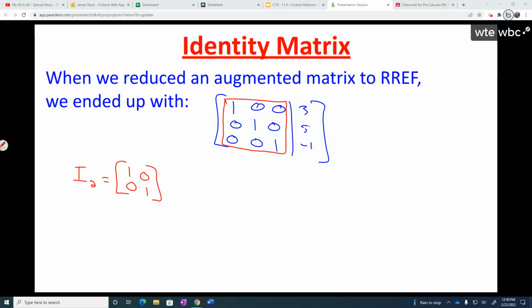And if you were to put a 3 there, obviously it would be a 3 by 3. Identity matrices have to be square matrices, so it'll always be a square matrix. You could obviously have a 4 by 4, 5 by 5. In this class, you don't really go beyond the 3 by 3, but there is more that exists.